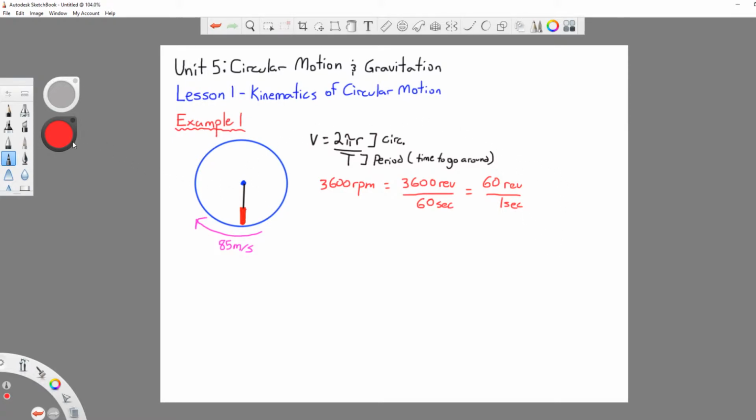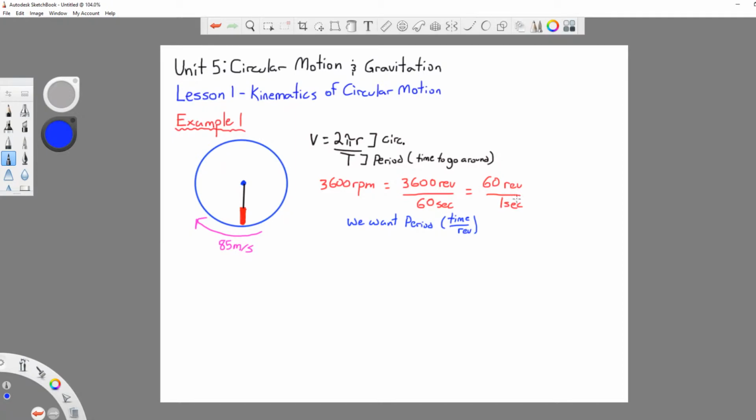But what we want is period. And period is time per revolution. So how do we get from revolutions per second to seconds per revolution?